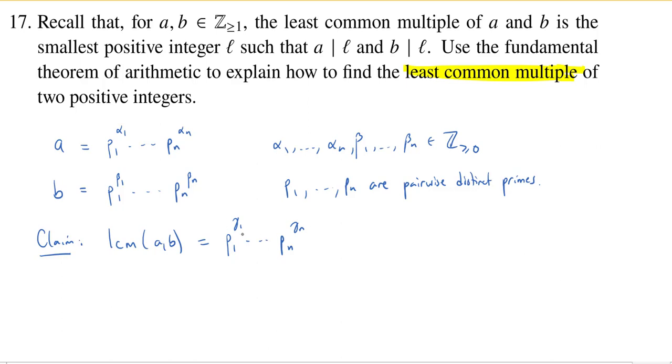Well, of course, I have to tell you what these powers are, where gamma sub I is going to be the larger of alpha sub I and beta sub I.